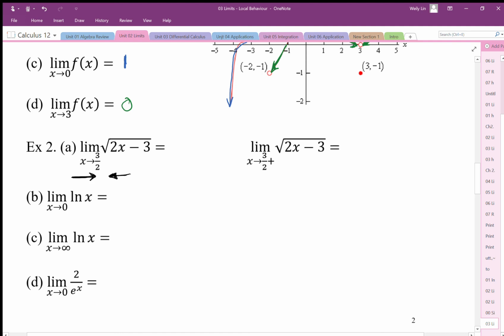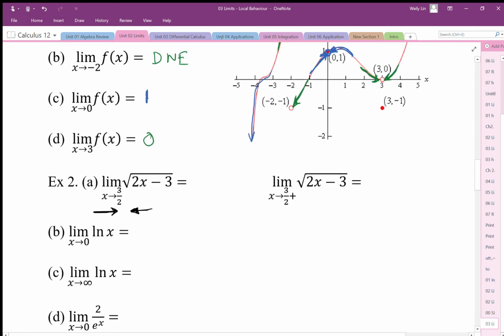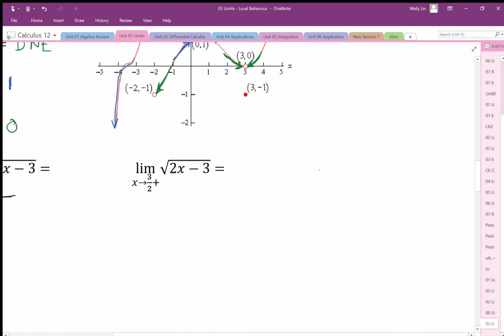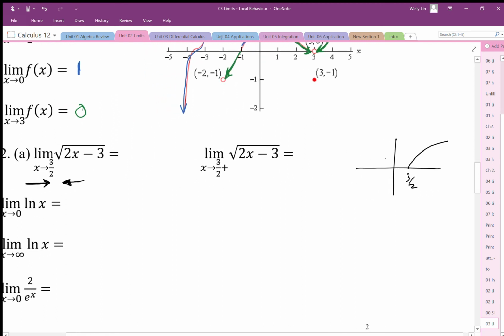I'll just sketch the square root function over here. There's our 3 over 2. It's not defined on this side of 3 over 2. So as a two-sided limit, it cannot exist.